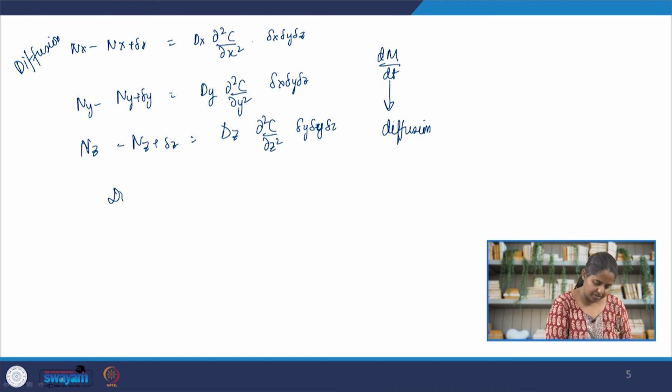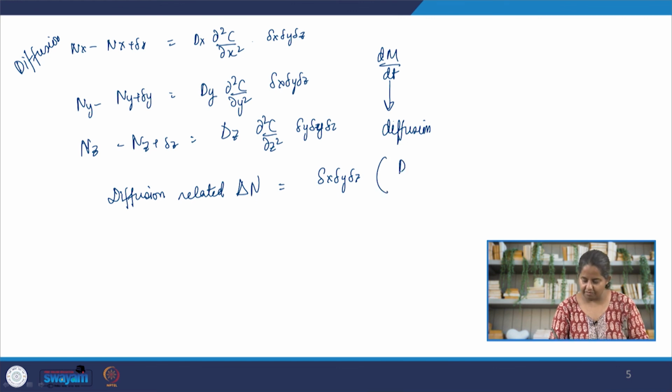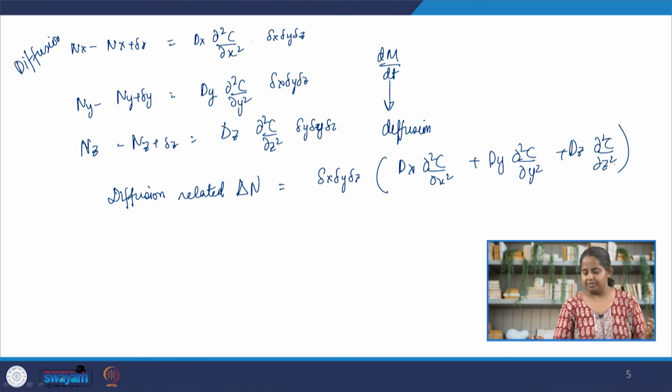So the diffusion related mass through the parallelepiped del x del y del z is given by, let us take del x del y del z common because it is common in all, and then we have dx del square c by del x square, dy del square c by del y square, dz del square c by del z square. This is not a square, this is a double derivative.